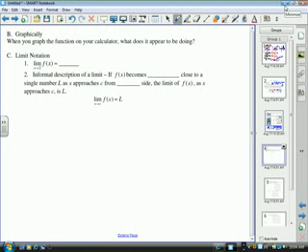So basically, our limit notation: we just said the limit as x approaches 2 of our function is equal to 1. And remember that for your limit to exist, it must be a real number.